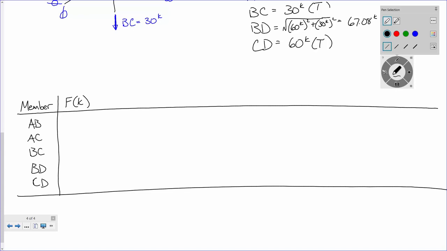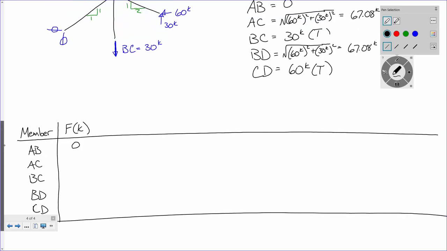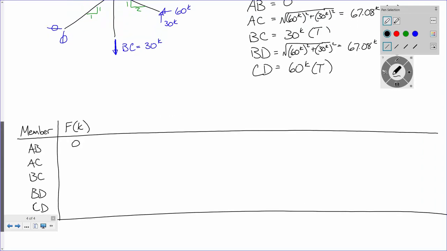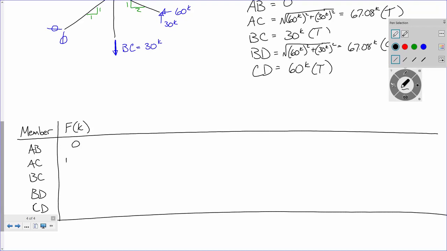Our force in the member in kips, okay? Now I'm just going to show you what I'm going to do. So we have AB is 0. AC, I'm going to write that as positive 67.08. BC, I'm going to write that as positive 30.